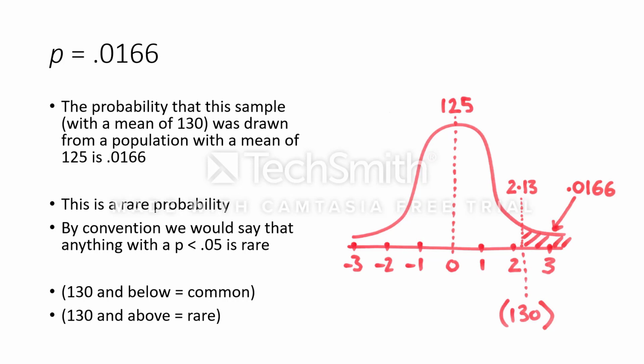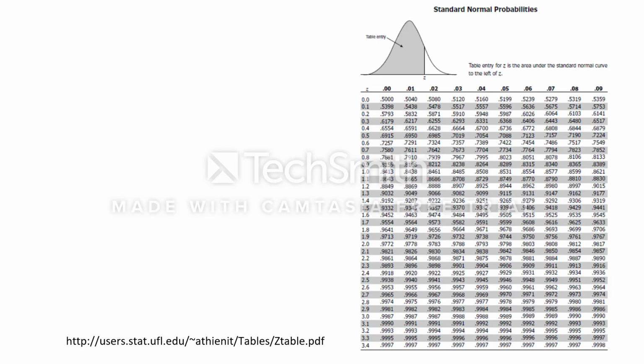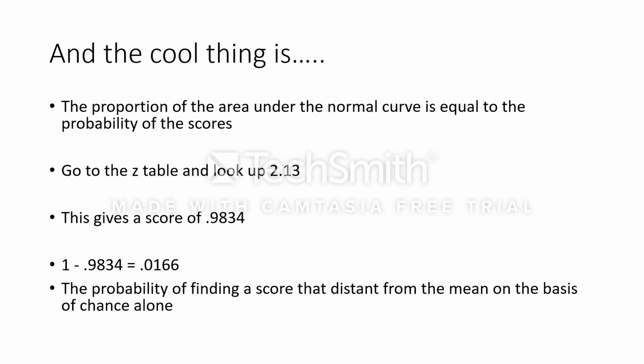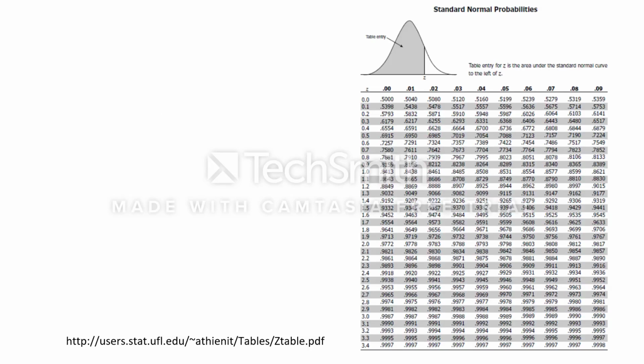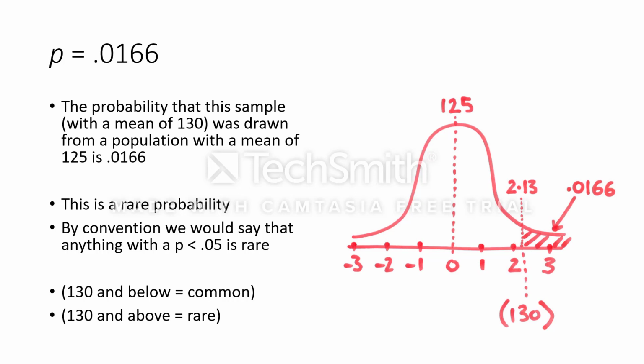So, the probability that the sample with the mean of 130 was drawn from a population with a mean of 125 is 0.0166. That's because we've subtracted 1 minus 0.9834, and that gives us our 0.0166. Here in the diagram you can see the region that's estimated.